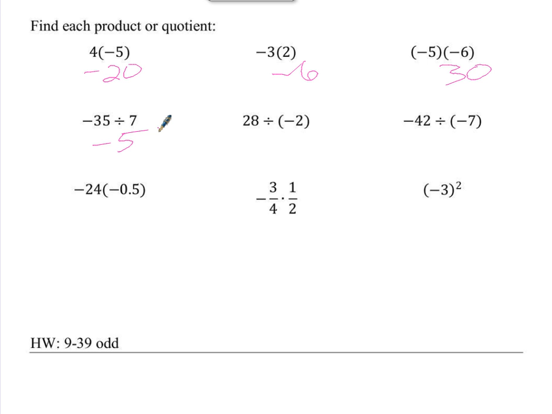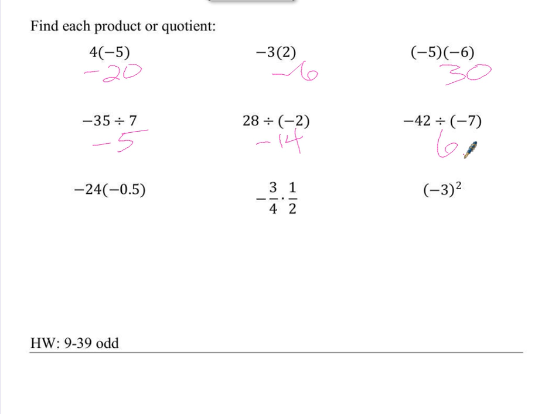You can break it into two separate problems if you need to. That's no problem. 28 divided by negative 2? Negative 14. Negative 42 divided by negative 7? Positive or negative 6? Positive 6, because it's a negative divided by a negative, which is positive.